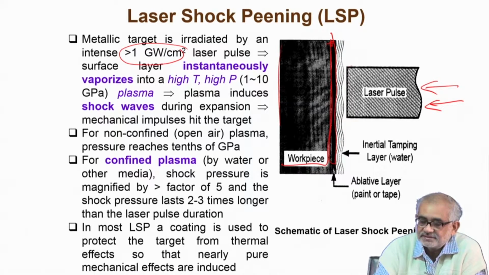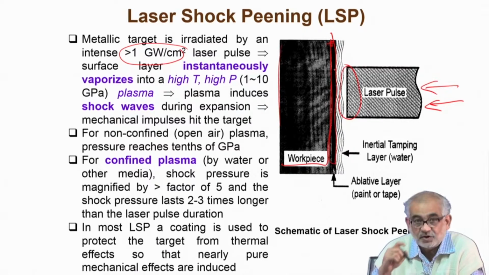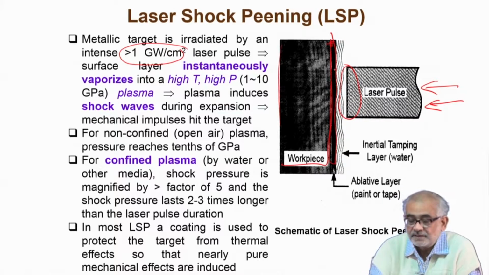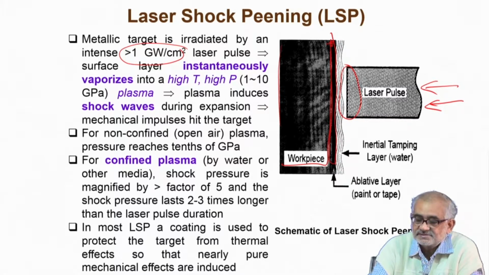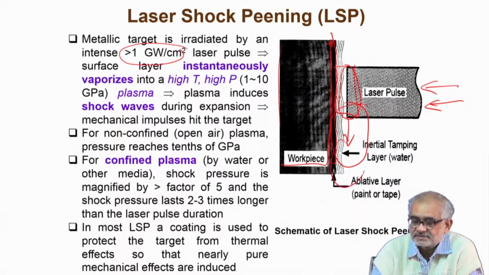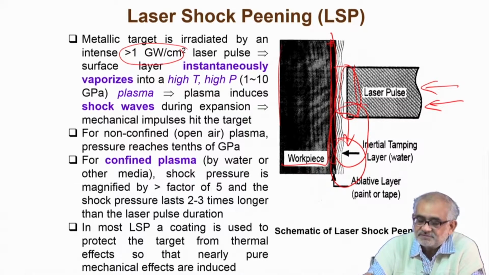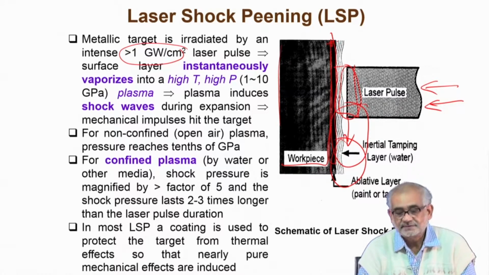The size of this laser spot is very small, maybe at the most a few millimeters, but when it hits the surface, you irradiate this region at one instant of time, and then you move either up or down, and the next region is irradiated, and there is always some amount of overlap of regions that are irradiated.